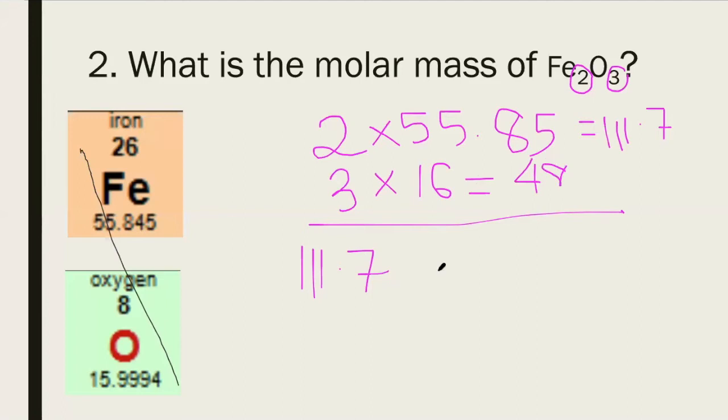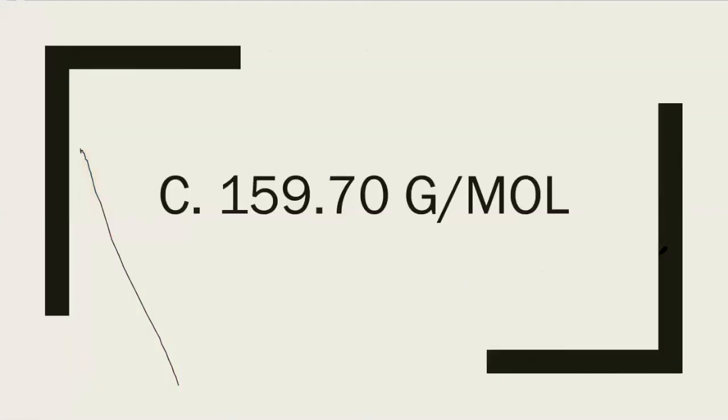So add that together, you will get 159.7. Pero dapat 2 decimal places yung answer, so 70. So the answer is C, 159.70 grams per mole.